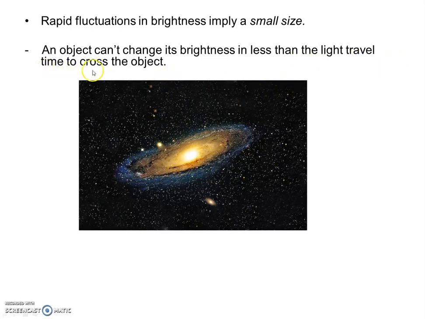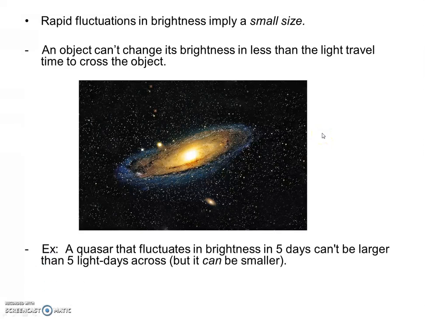It's just not possible. Now, even if you only did the small inner portion here that might be maybe not 100,000 light years across, but certainly several thousand light years across, somewhere around 10 to 20,000 light years across, it would still take thousands of years for it to vary in brightness significantly. Okay? So if we have a quasar that fluctuates significantly in 5 days, it can't be larger than 5 light days across.